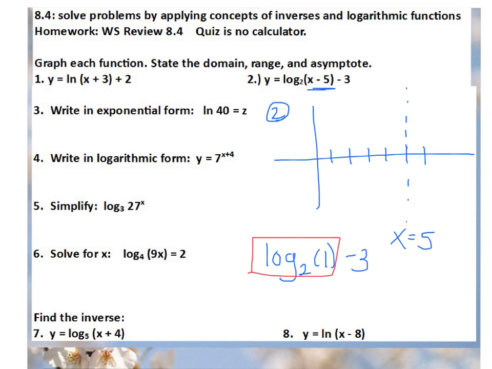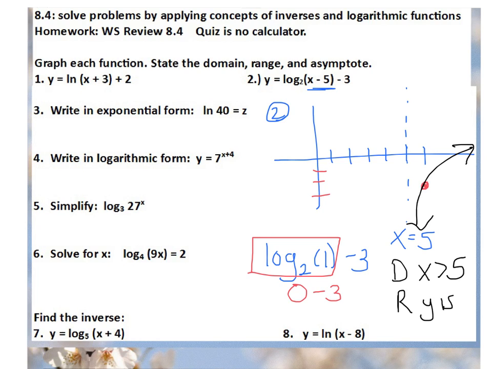When I evaluate this value, 2 to what power is 1? That's 0. So our coordinate is going to be 6, -3. And then the graph, the base is 2, so it's also increasing. Domain is x is greater than 5, and the range is y is all real numbers.